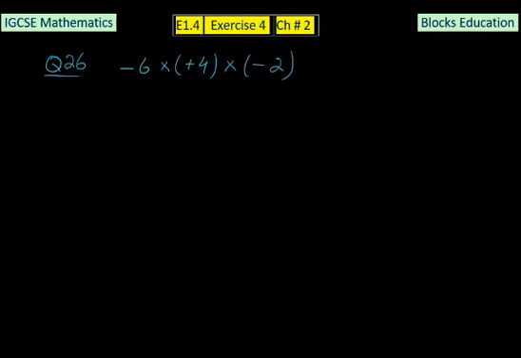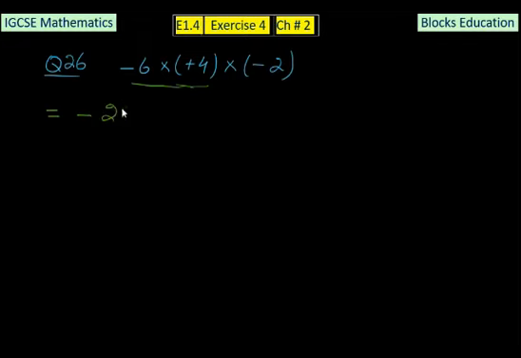It says minus 6 multiplied by plus 4 multiplied by minus 2. So we'll solve with the old methodology, starting from the left and first dealing with these two terms. Minus 6 is multiplied with plus 4. First let's multiply the signs. Minus multiplied by plus, so the answer will be a negative number, and 6 fours are 24.